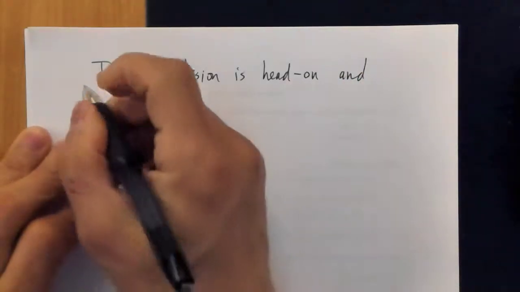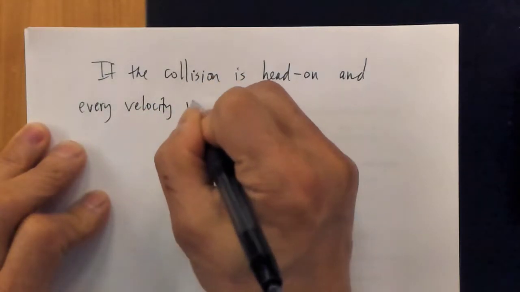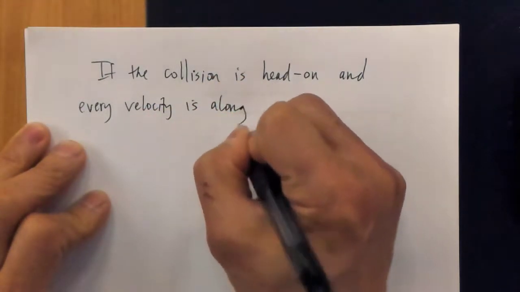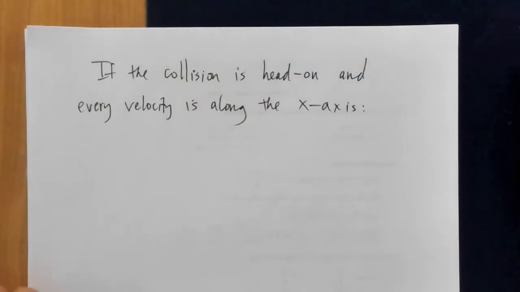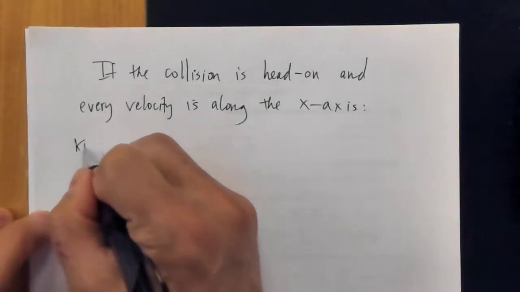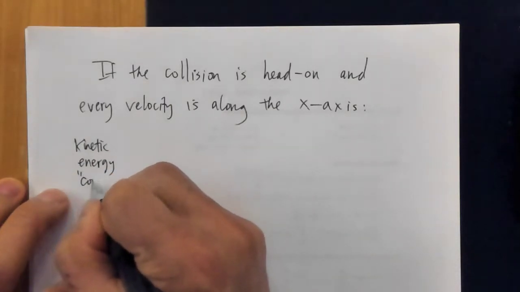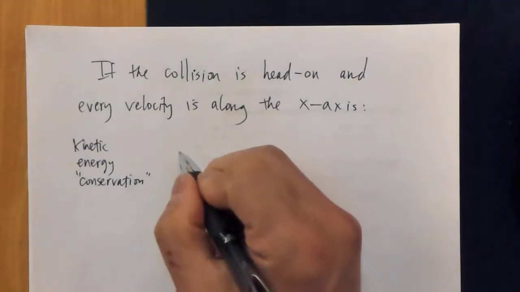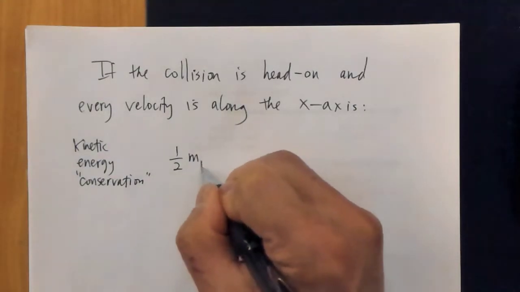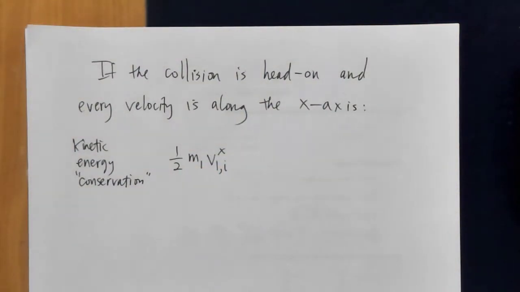So if the collision is head-on, and every velocity is along the x-axis, then we can simplify it a bit. Then we can write kinetic energy conservation, even though I told you it's not exactly the right statement, just the initial is equal to the final. We have 1/2 m1 v1 initial x. I'll put the x up there just so that you know I'm talking about the x component. Okay?